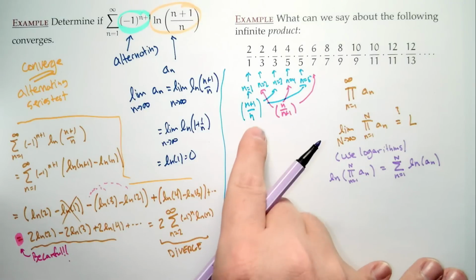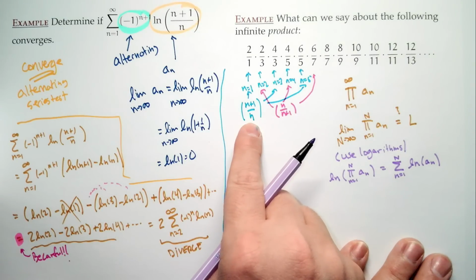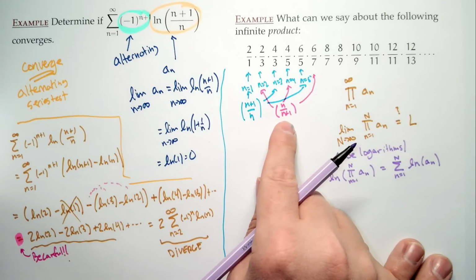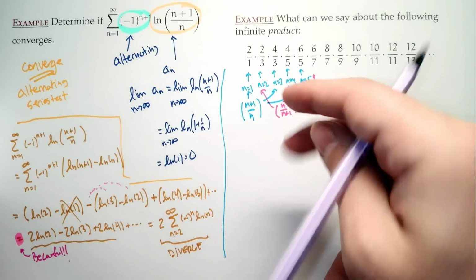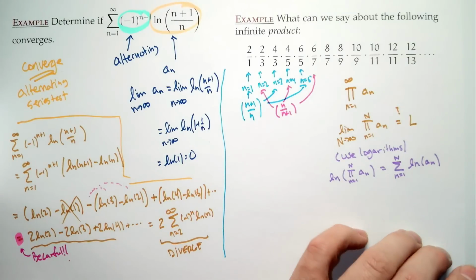Now let's think about what's happening. You'll notice here, if n is an odd number, I look like n plus 1 over n. If n is an even number, I look like n over n plus 1. These are really close to each other. In fact, the only thing that's different is I flip them around. Now, the way you flip a number around is you use a sign.